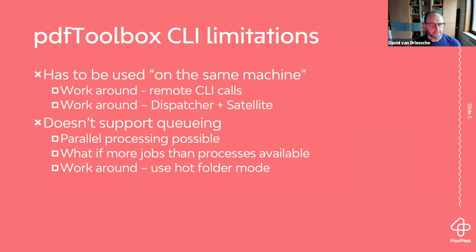So that is supported. But if you want to use the CLI and you want to do an integration, then queuing is not supported in that same fashion. You can, of course, do parallel processing, and you could say, well, I want to do 4 things in parallel, or I want to do 8 things in parallel, and that is what the license allows.